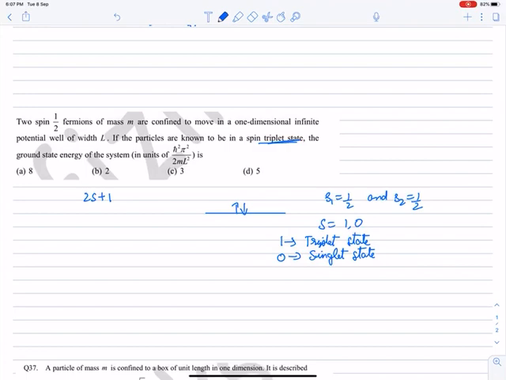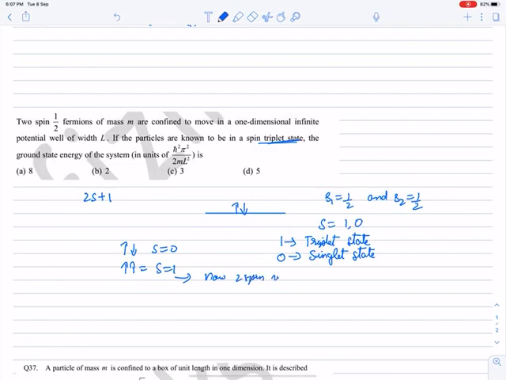So the two states of spin mean it can take value S is equal to 0 or S is equal to 1.